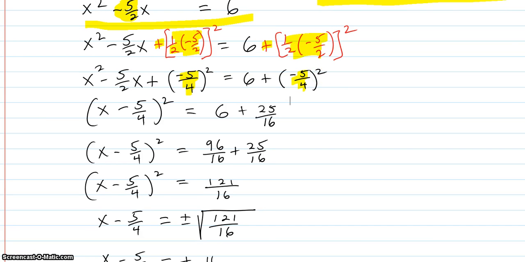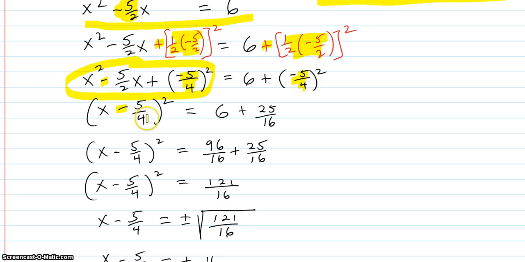Now, what we're going to do here is go ahead and not square this out. We can, but it doesn't matter, because we know this is a perfect square trinomial, and the binomial that squares to get that is x minus 5/4, because it's a minus.